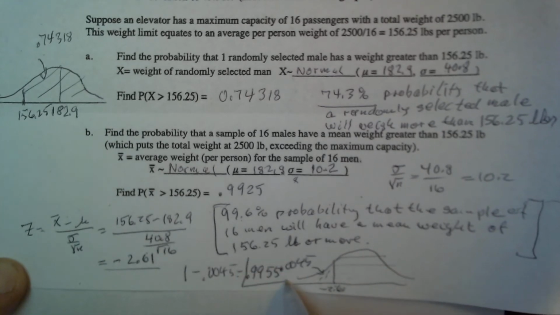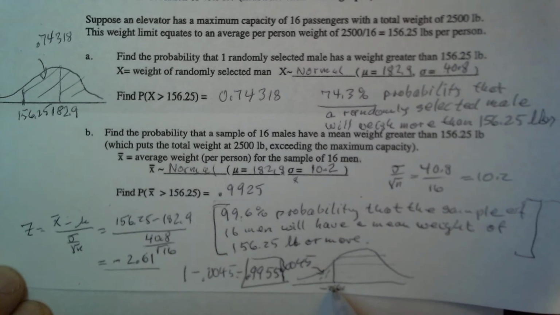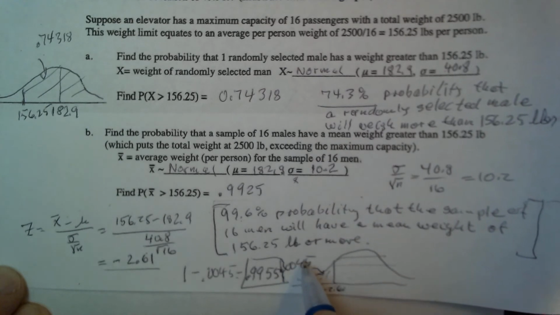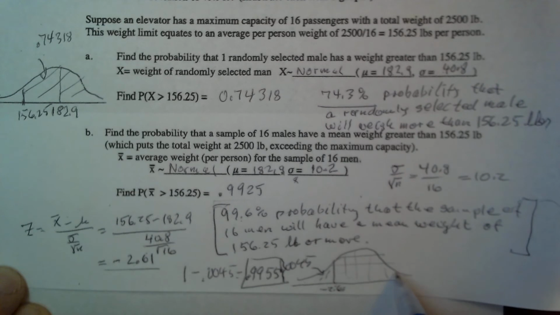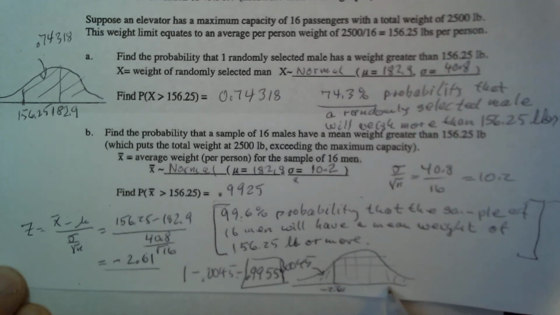The same result that you got from the technology. Okay? So we find the corresponding z-score, we find the area, 0.0045. We subtract that from 1 because we're interested in this area here. And what's the probability? It's greater than this value here. And we get the same answer.